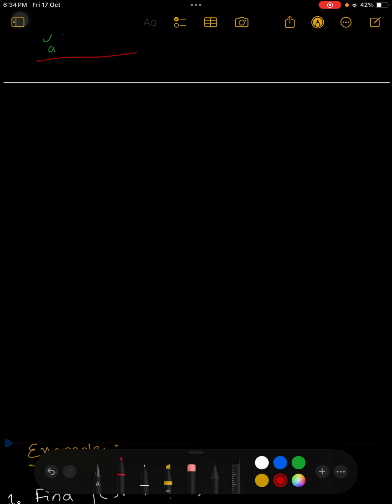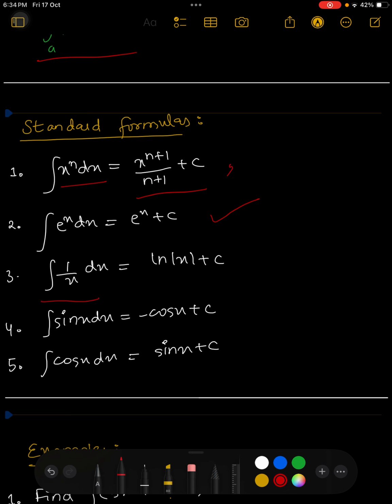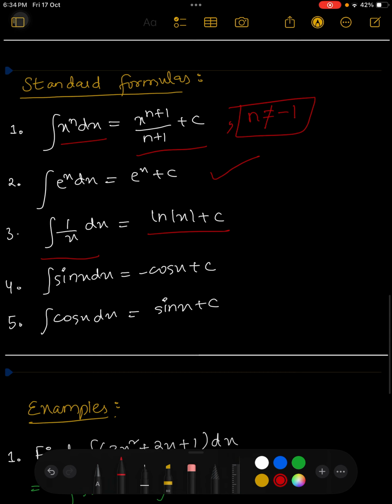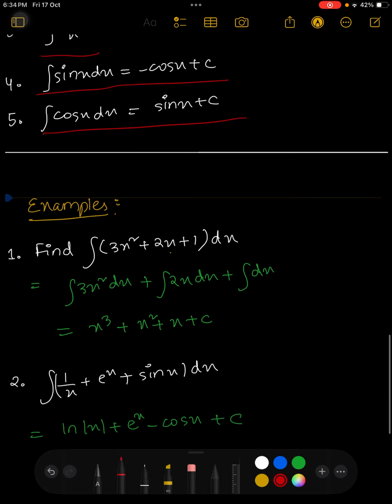And here there is a condition: n can't be minus 1. If n becomes minus 1, the integration changes. Like the integration of 1 by x dx is ln x plus c, the integration of sin x is minus cos x plus c, and the integration of cos x is equal to sin x plus c.